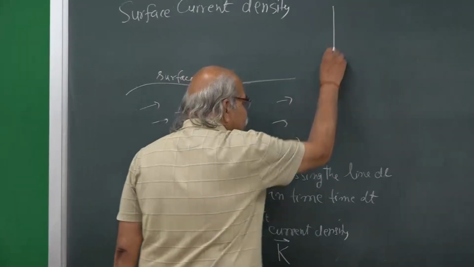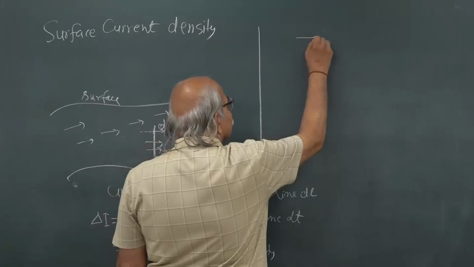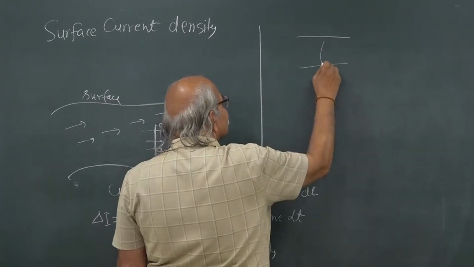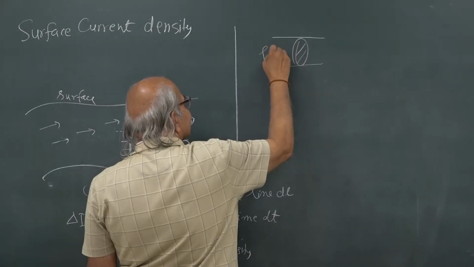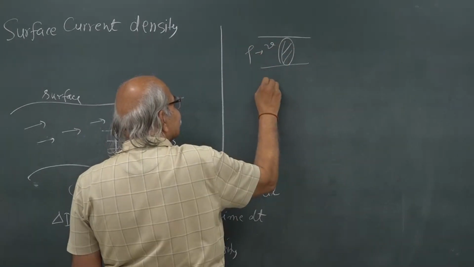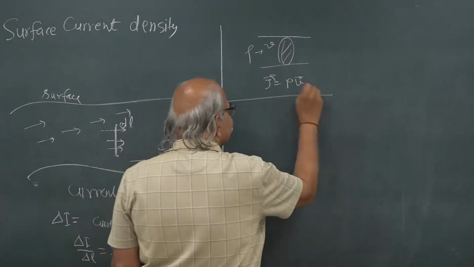Now, we had shown that if you have a volume and you have an area, and charges are moving with velocity v, then this J was rho times v. This was for volume.